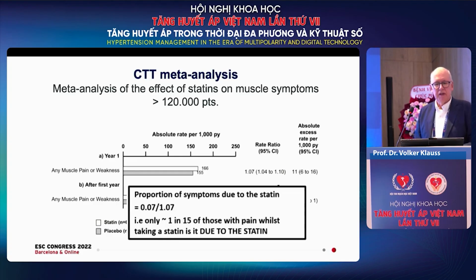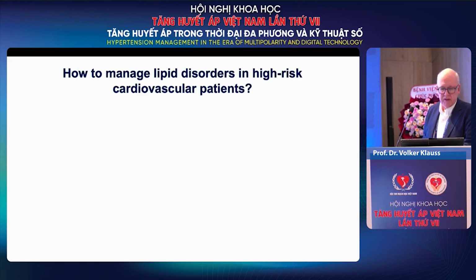There was a very great meta-analysis in 22 with more than 120,000 patients, and the bottom line is, when you have 15 patients in your office on statins complaining of muscle symptoms, only in one patient are the symptoms really related to the statin. So there are many other reasons in people 70, 80 for muscle symptoms or joint symptoms. So we have to be very precise before we reduce or stop this kind of medication.